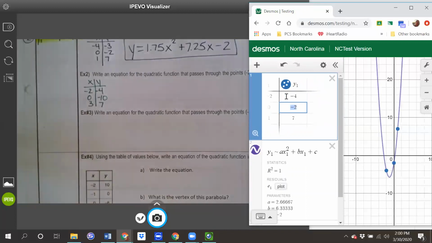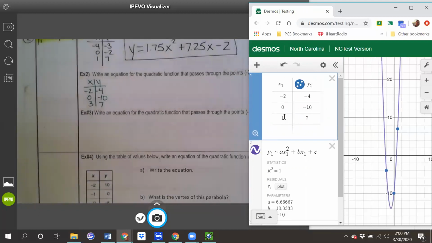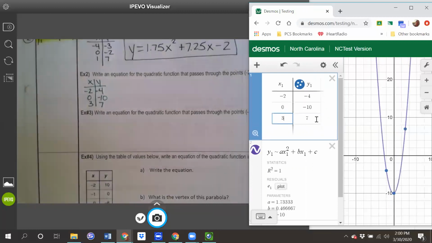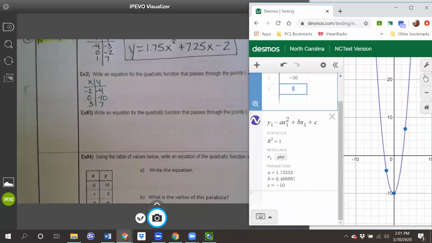Looks like we're going to update as we go, which is exactly what I wanted. 0, -10, just changed that point. And then this one is 3, 7. That's it. So you can see how my points were getting moved around and how my equation just got manipulated with the moving around of those points.